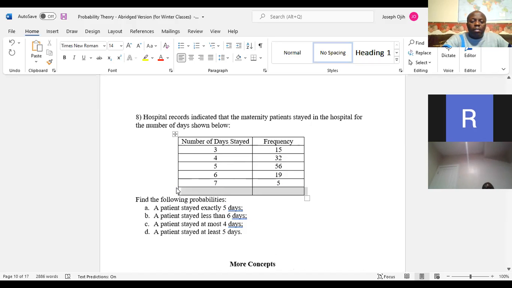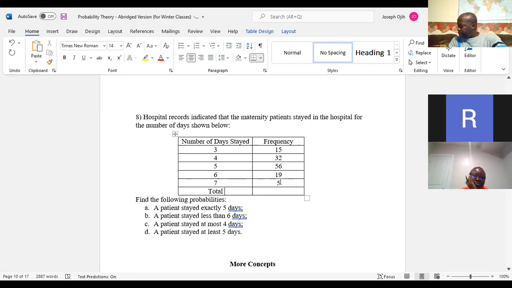For this, first of all, let's get the total frequency, whereby we add all of them up. Write it down.